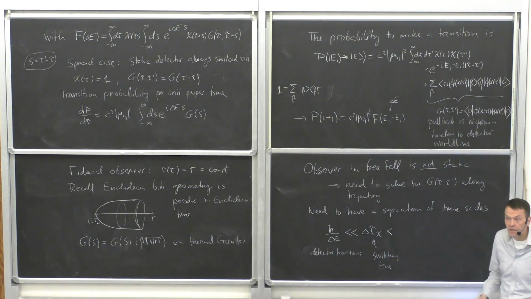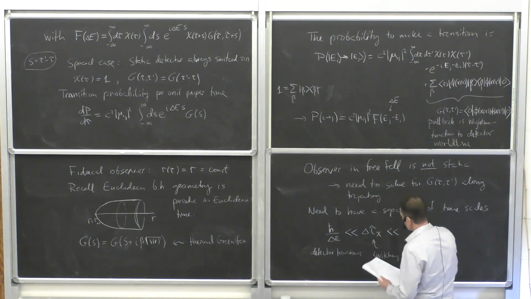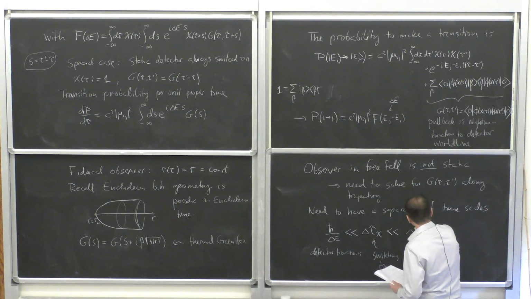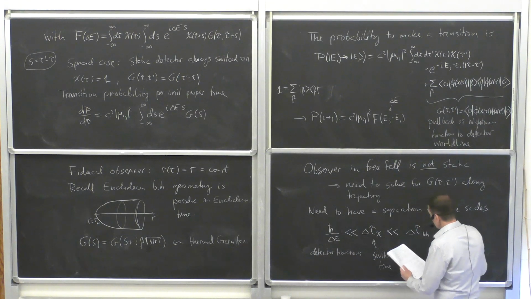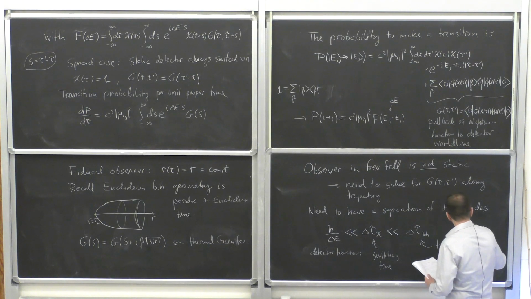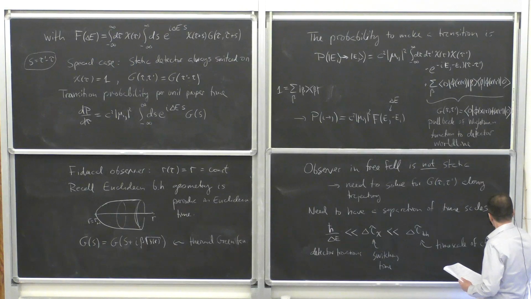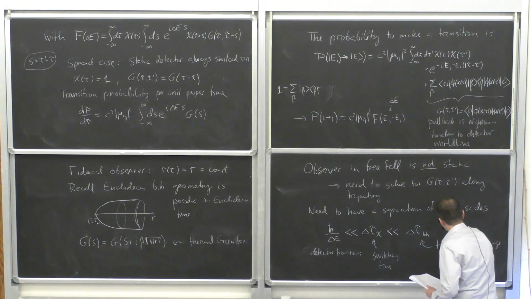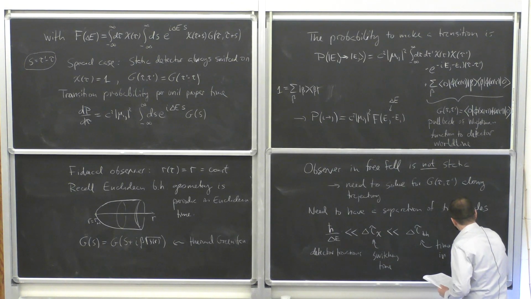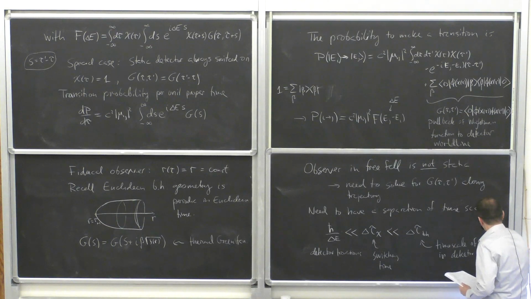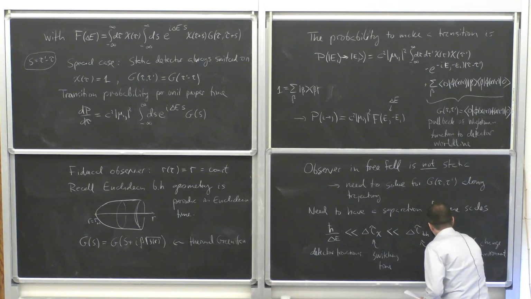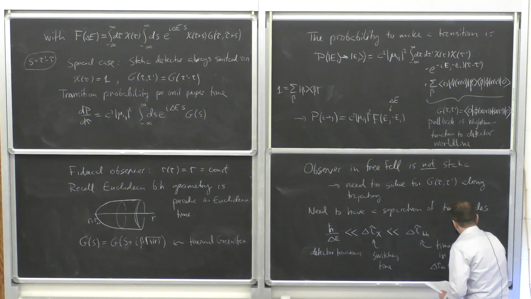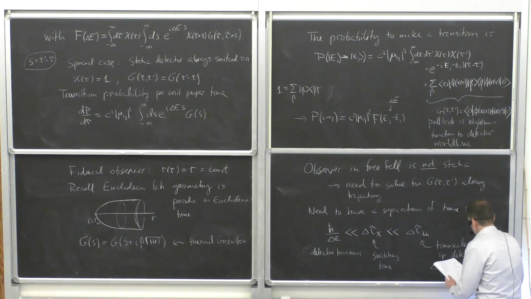And then for this to be a meaningful measurement of a temperature, this last one is the time scale of change in the detector environment. Roughly speaking, you would expect this to be of the order of a Schwarzschild time.